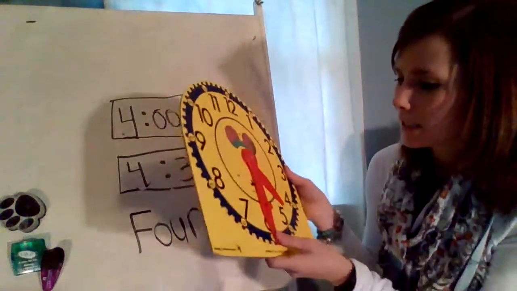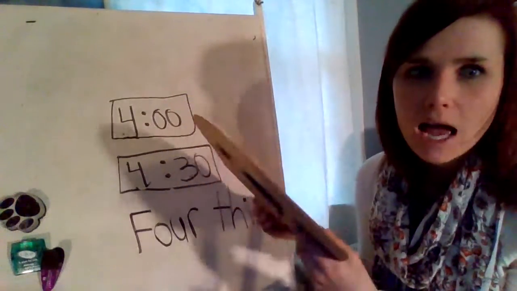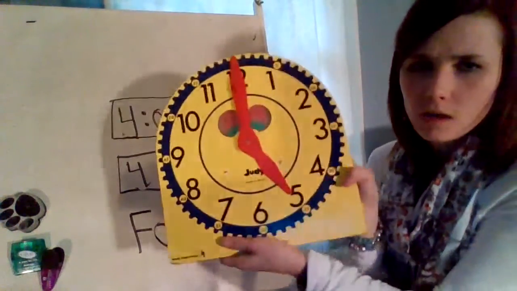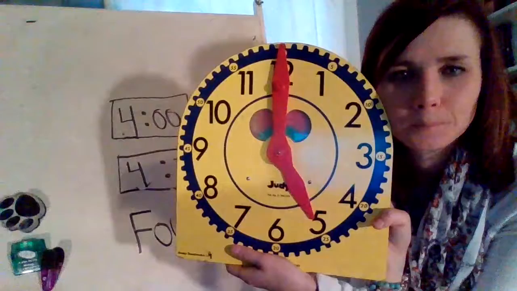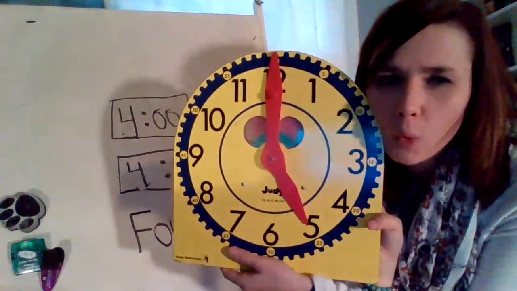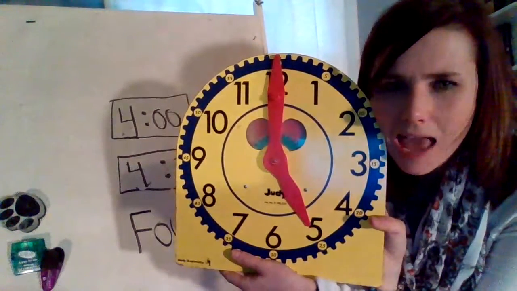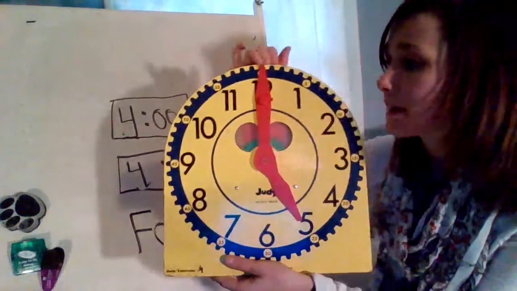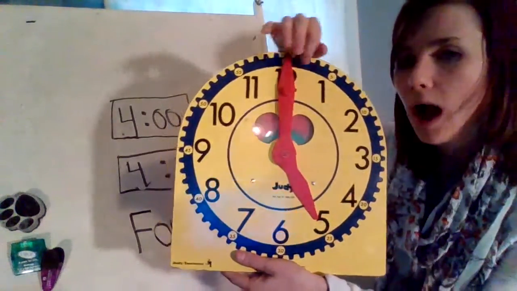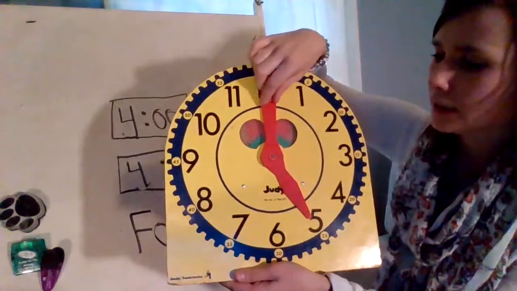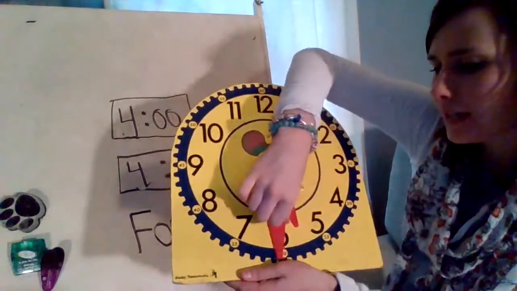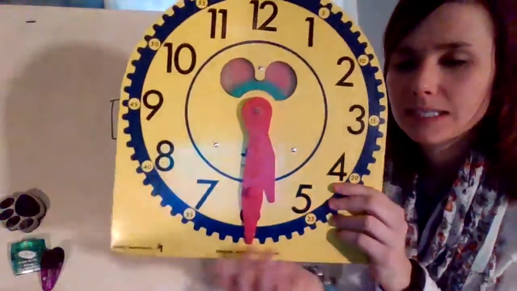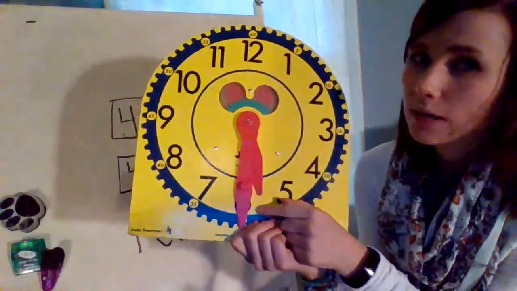All right, let's make 5 o'clock. Ready? 5 o'clock. What do we need to do to make it 5:30? Oh, right, that minute hand up top has to go halfway around the circle down to 6. Now what time is it? It's in between the 5 and the 6. It's not quite 6 o'clock.